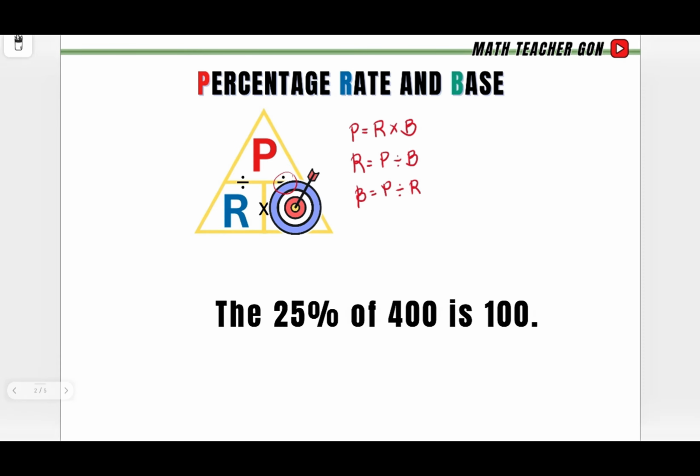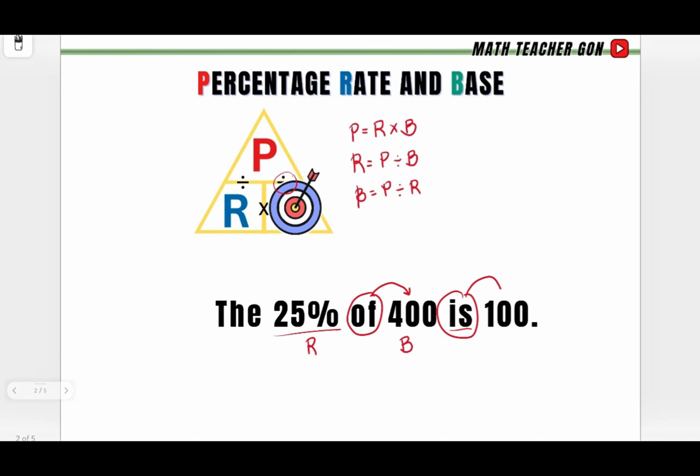Let us identify here which is the percentage, the rate, and the base. The number with the percent symbol signifies the rate. So this is your rate. Next, if you see the word of, the number after this word signifies your base. And then you see the word is. It can be before or after the word is.